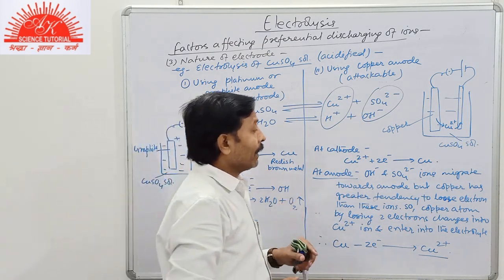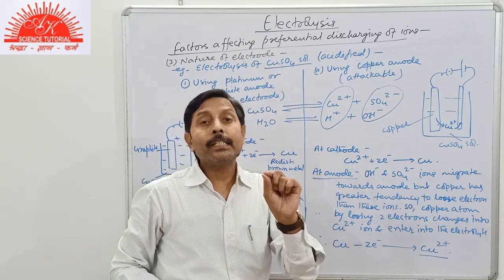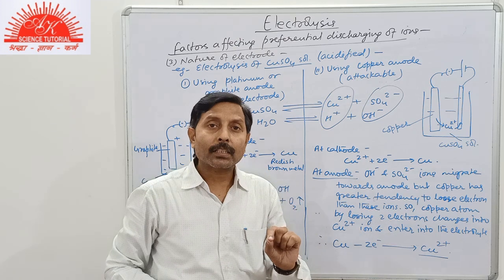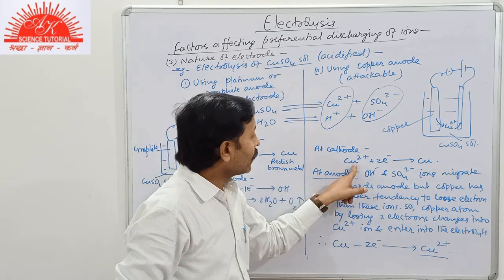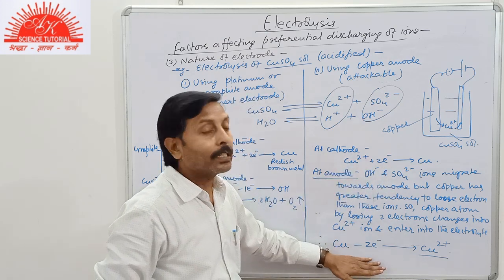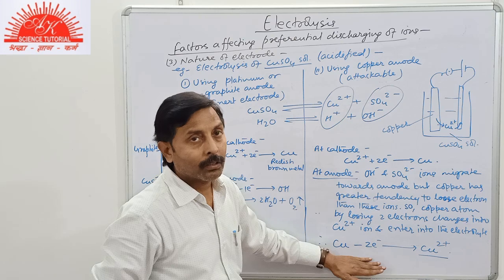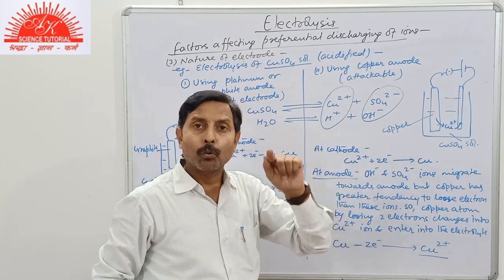So in this case, this is the attackable electrode. It is easy to write electrode reaction for attackable electrode, because this is the reaction at cathode and just its opposite is written at anode, that is Cu minus 2 electrons gives you Cu2+ ions.